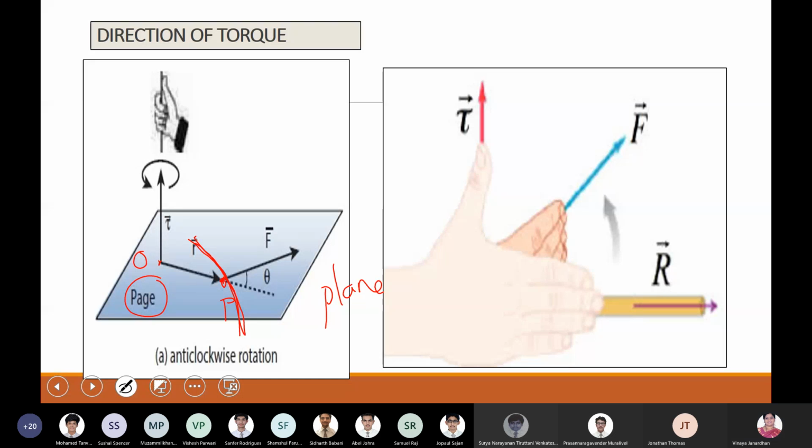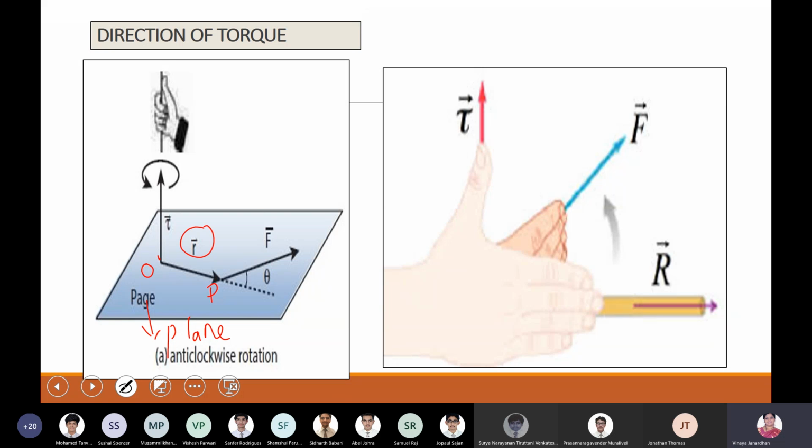Your particle now is going to rotate about an axis passing through the center, and this is called the axis of rotation. This axis of rotation is perpendicular to the plane. I'll repeat once again. On this plane, I have a particle at point P, of mass m, at a distance of r from the axis of rotation.